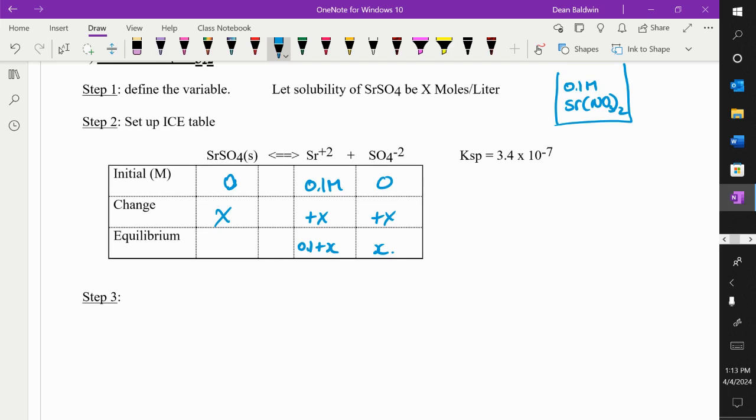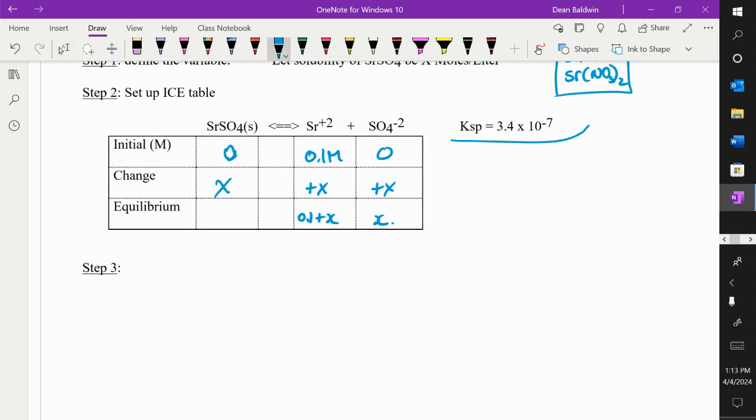Then we add a certain amount of X. That would be the change. So we get plus X, plus X. And here you can put X if you want, but it doesn't really matter. Okay, the KSP is the same because it's still strontium sulfate. So we go KSP is equal to the concentration of strontium times the concentration of sulfate.